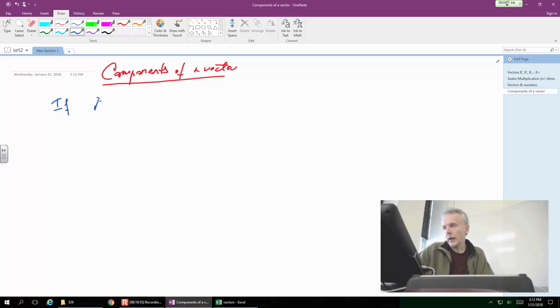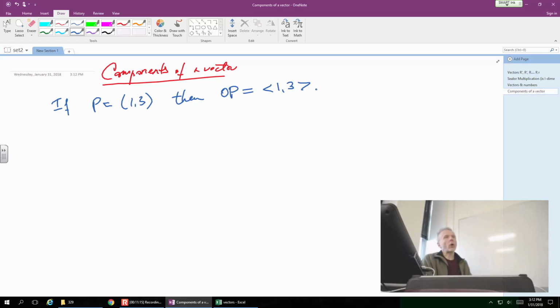So if P is equal to (1, 3), then the vector OP is (1, 3). Okay, so that's pretty much the whole idea of components right there. We have defined vectors in terms of points, the locations they connect. So OP connects the origin to the point P. So this is (1, 3).